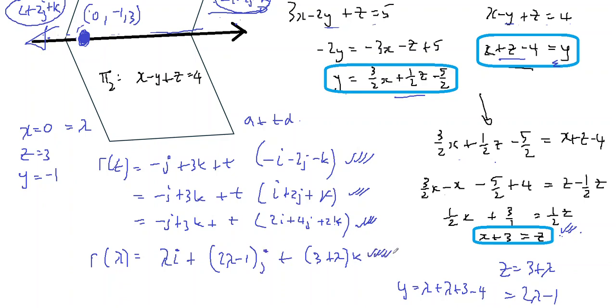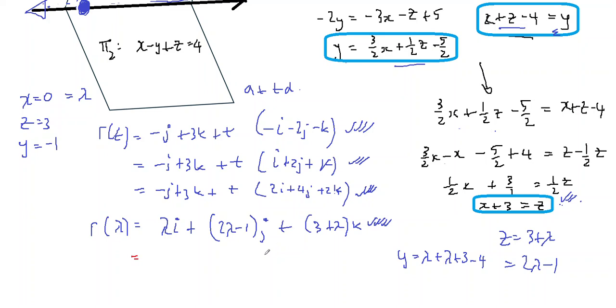That's also acceptable. Now keep in mind that if I was to put this all in terms of something plus lambda times something, I would have i. The j's would give me a minus j and then plus 2j times lambda, and the k's would give me plus 3k, and that's going to be plus lambda k.